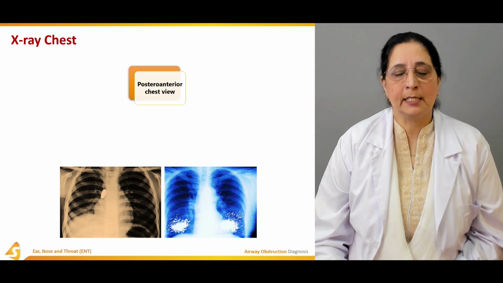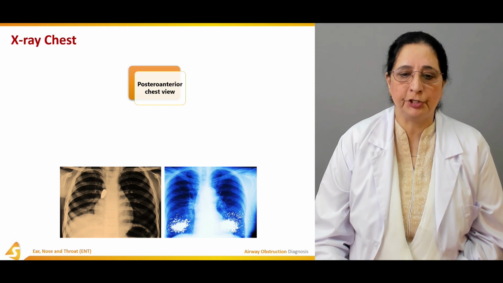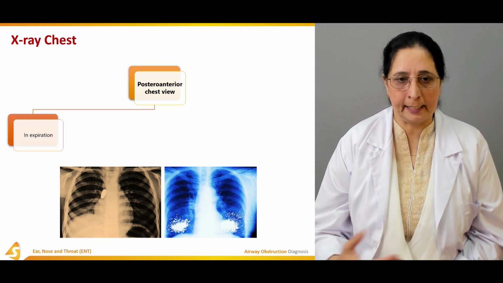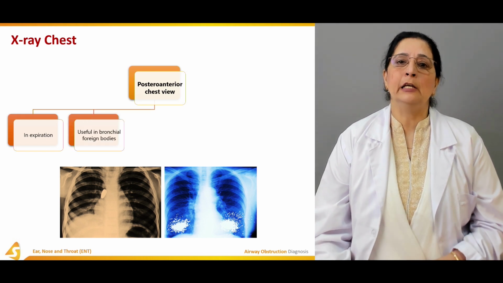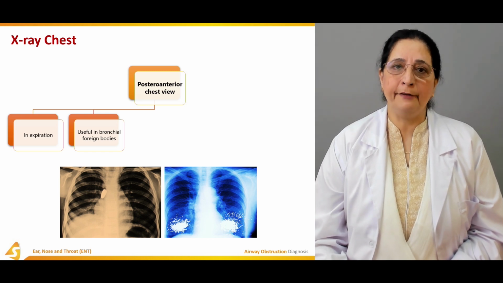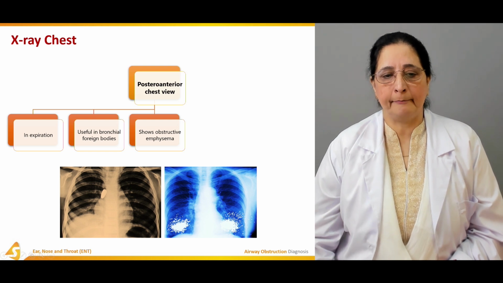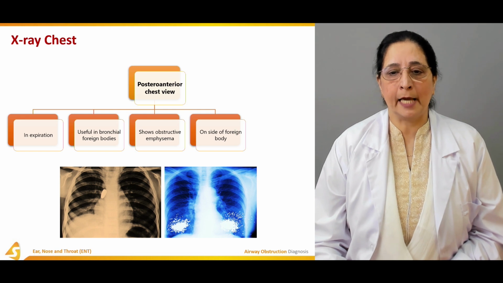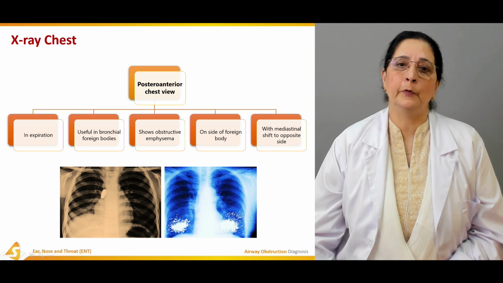Then X-ray chest, PA chest view, postero-anterior chest view in expiration, during exhalation or expiration. Useful in bronchial foreign body. So for bronchial foreign body, PA view is helpful. Shows obstructive emphysema present on the site of foreign body with mediastinal shift to the opposite side.